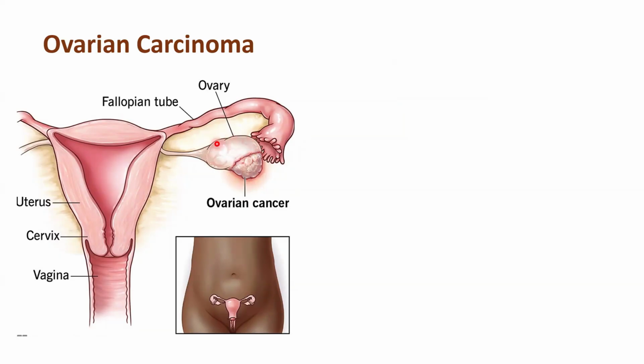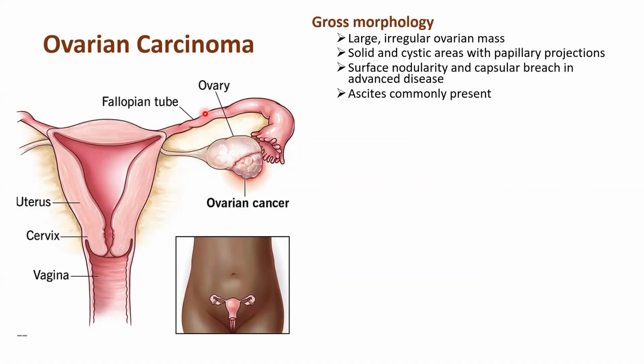Cancer that is originating from the epithelial tissue present in the ovarian cortex. So the gross morphology, of course, there'll be large tumors present in the ovary. The tumors are solid in nature, and they'll have nodularity, they'll seem like nodules.